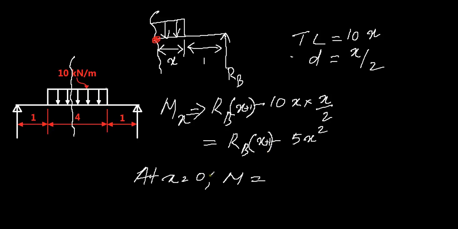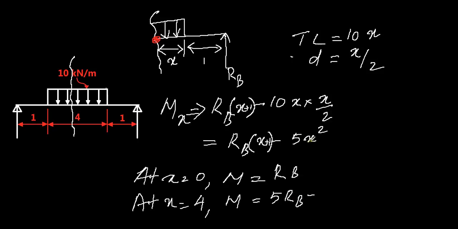So moment, at x equal to 0, is Rb, because this term becomes 0, and at x equal to 4, moment is 5 Rb minus 5 into 4 squared, that is 80.